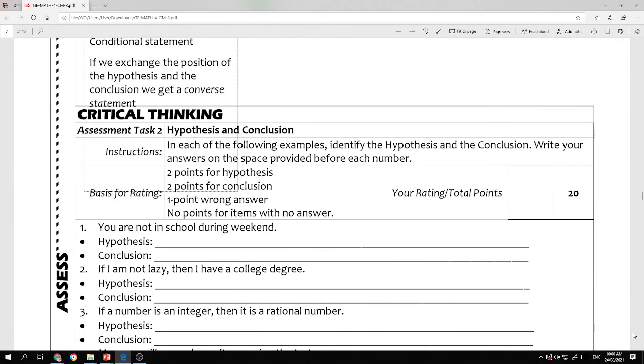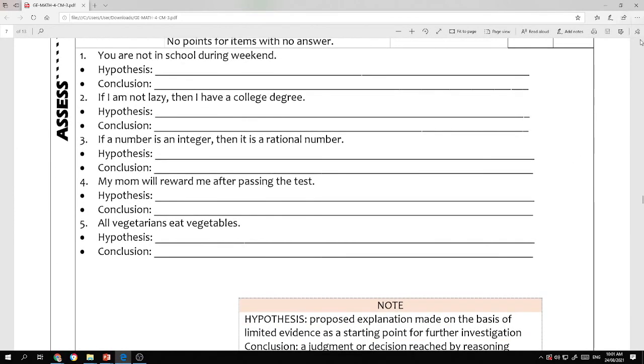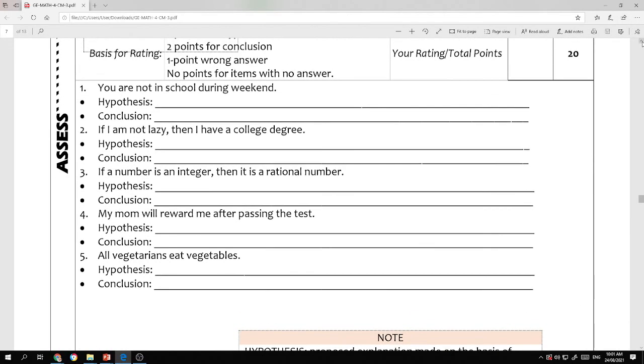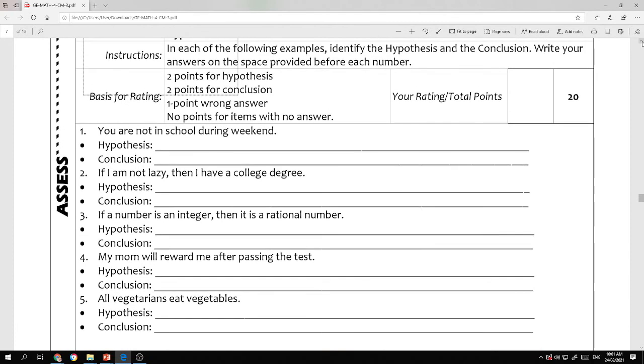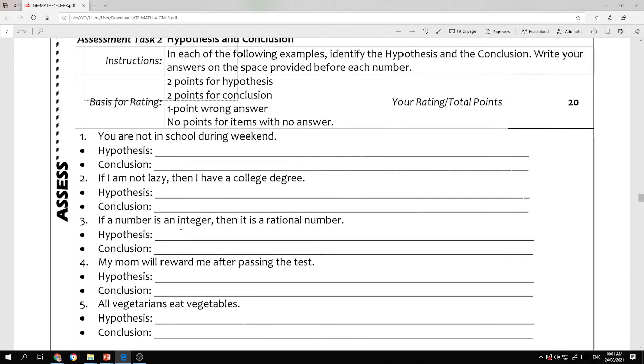Critical thinking. Critical thinking is, identify the hypothesis and conclusion. So, kini siya asang hypothesis. Kini siya asang conclusion. Same thing sa number 2, sa number 3, sa number 4, sa number 5. Kining number 1 o number 4, analyze that carefully.